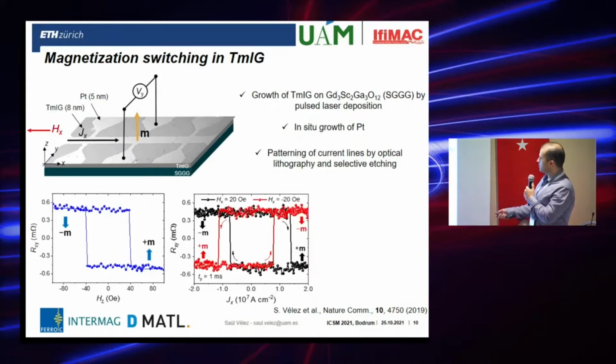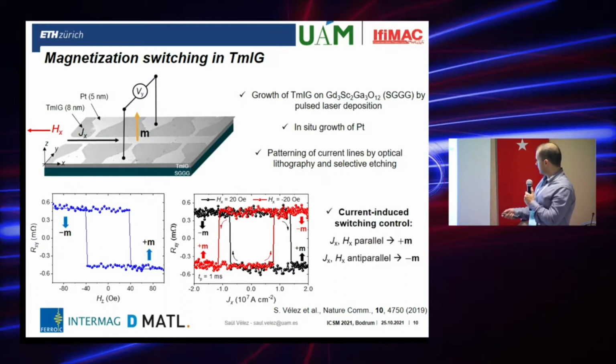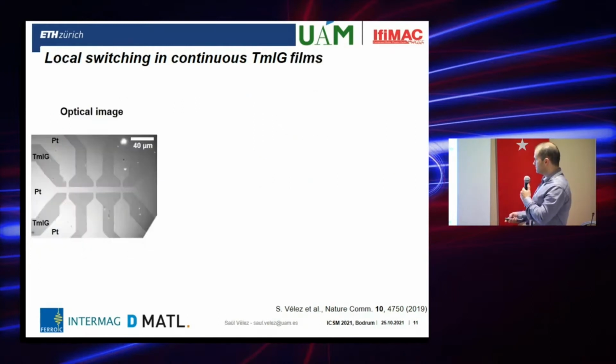And if we now apply the magnetic field in plane opposite, we stabilize the opposite magnetic state. This is just a reflection of the symmetry of the torques in the system, and basically the idea is that we can stabilize up magnetization when both the current and the magnetic field are parallel, and down magnetization when they are anti-parallel.